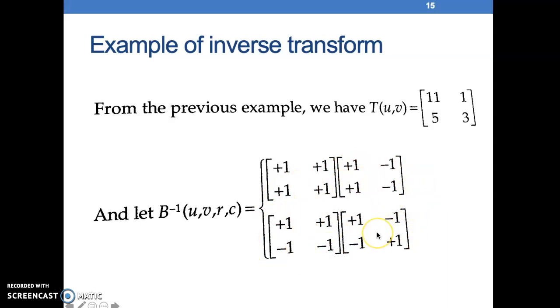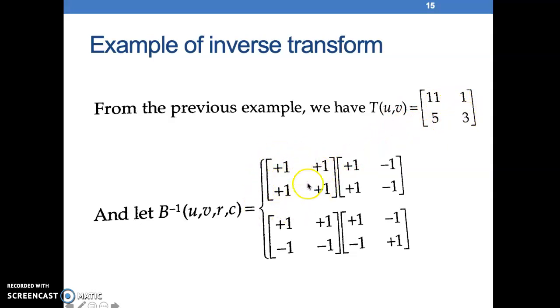If you look at the basis image just now, the basis image for the inverse also uses the same, where you will project the T(u,v) with the basis of 0,0, basis of 0,1, basis of 1,0, and basis of 1,1. So you will do the projection: 11 multiplied by 1, plus 1 multiplied by 1, 5 multiplied by 1, and 3 multiplied by 1.